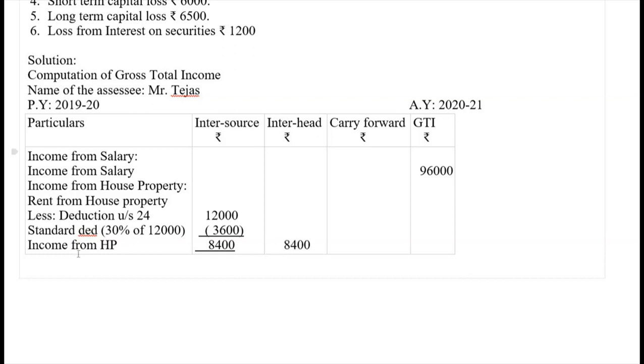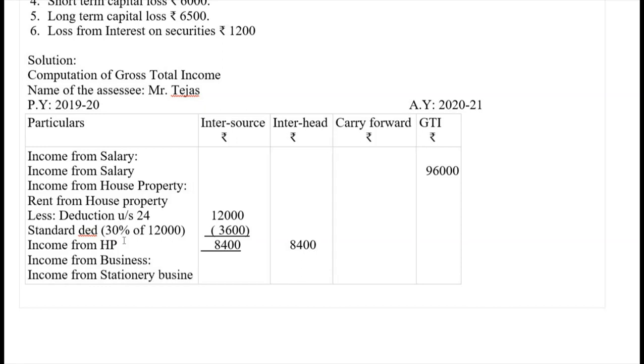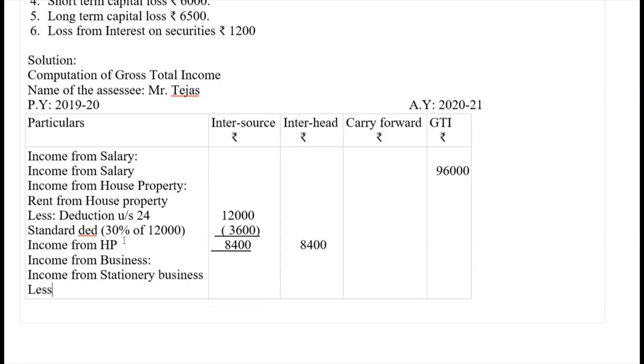Then the next one is income from business. Sorry, there is a brought forward loss from house property which can be adjusted here.